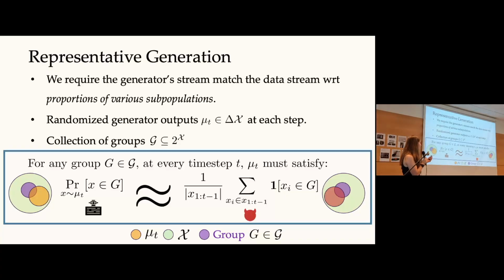There are a few ways to think about this definition, and please stop me if you have any questions. One, it was inspired by notions of group fairness. You can think of this as saying certain groups that are well represented in the training data that the generator sees should also be well represented in the generations. You can also think of it as a notion of indistinguishability with respect to tests defined by these groups G. These generations should look indistinguishable from our data stream with respect to some coarse tests.